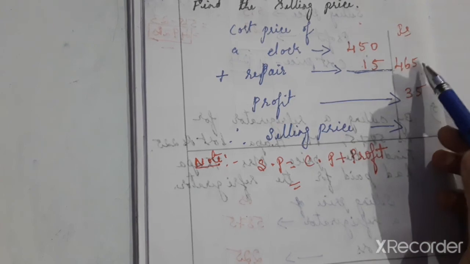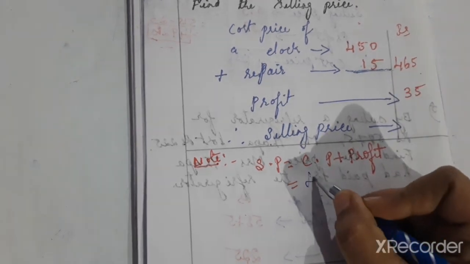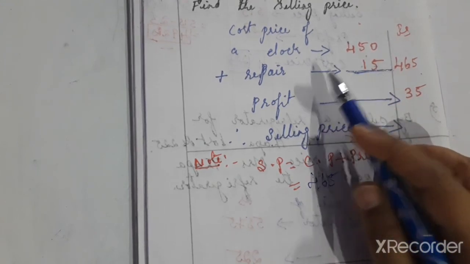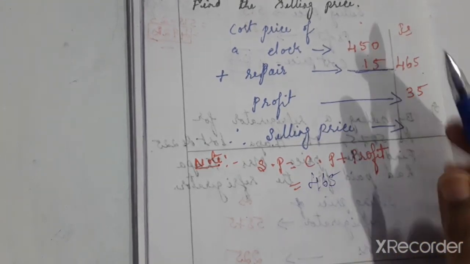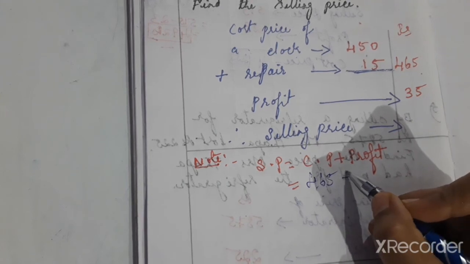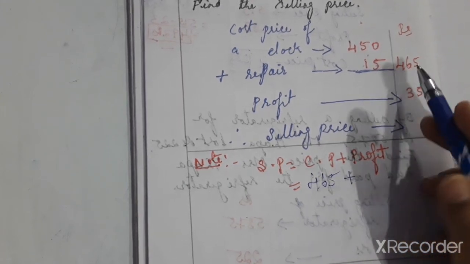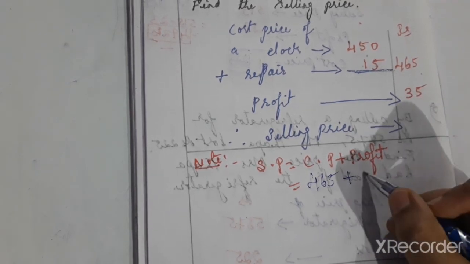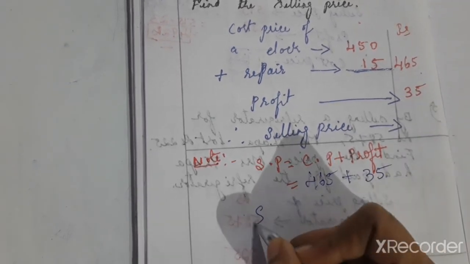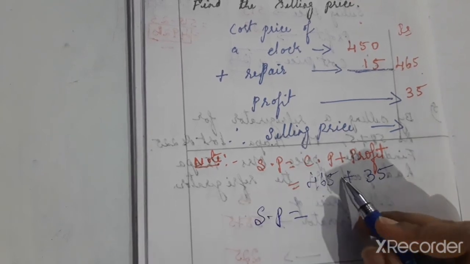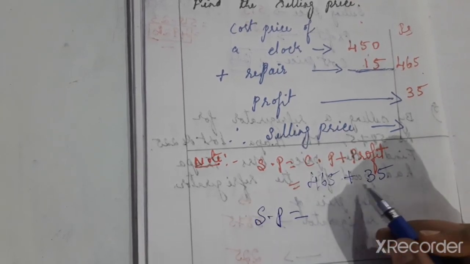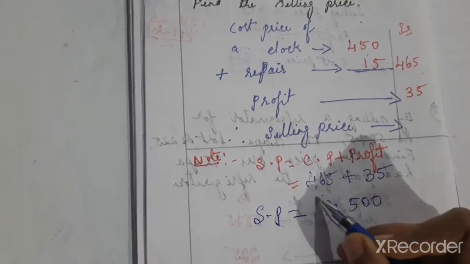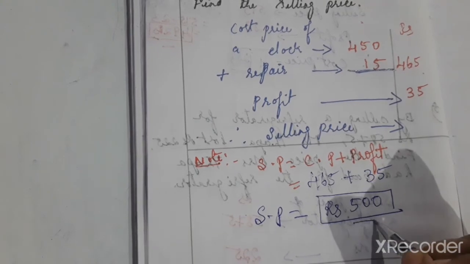No, we have to take 465. Don't take 450 as the cost price. Repair amount, overhead or any expenses we have to add to the purchase amount, or cost price. So totally 465 is the cost price, plus profit 35. Therefore selling price equals 465 plus 35, which is rupees 500.